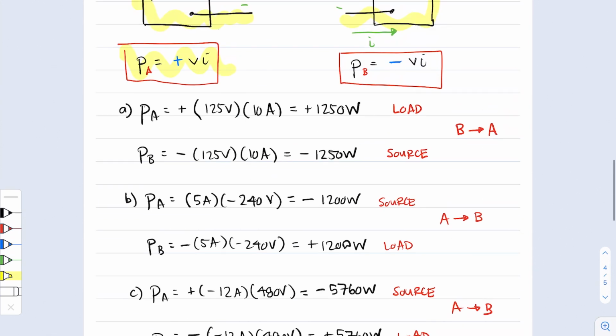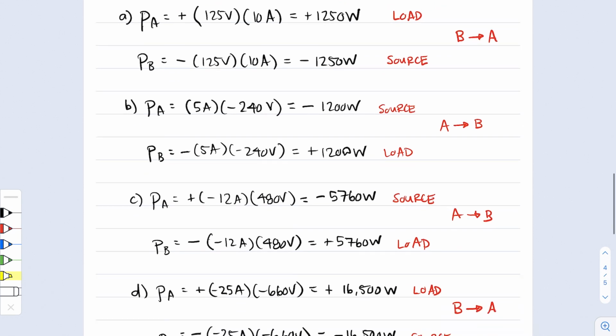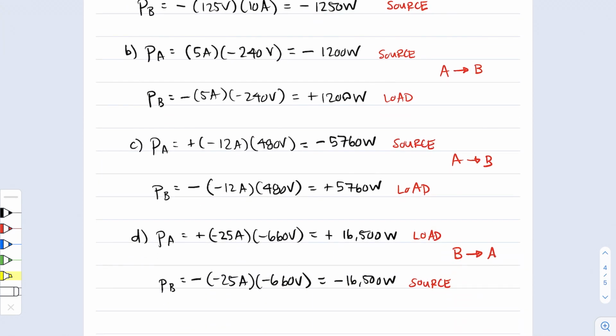So just because you see a minus sign here does not make that element automatically a source. Similarly, over here, just because you see a positive sign there does not automatically make the element inside of the box a load. It is the end sign by the final calculation that determines whether something is a source or load.